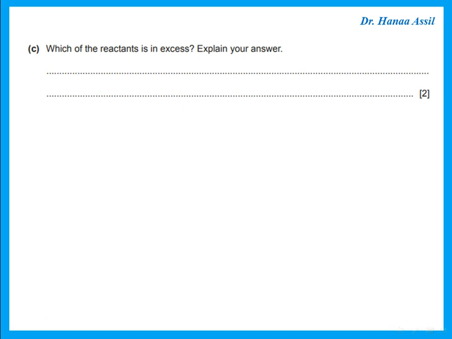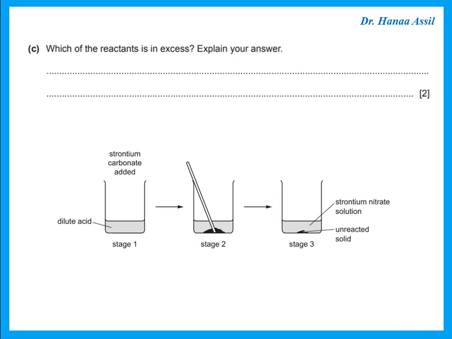Which of the reactants is in excess? Okay, remember that this is a method of preparing salts. And you know that we have 3 methods of preparing salts: titration, neutralization, and precipitation. Which method is this? You should realize that this is the neutralization method, in which the solid I'm adding is in excess.